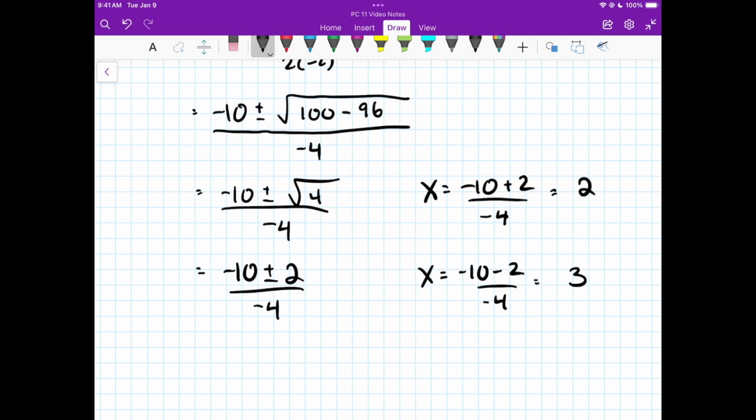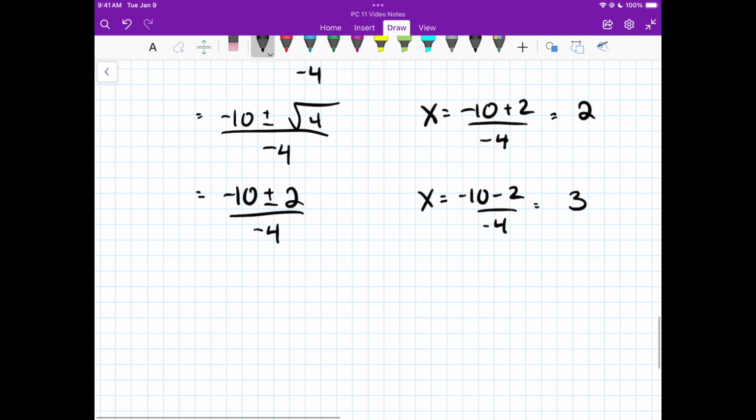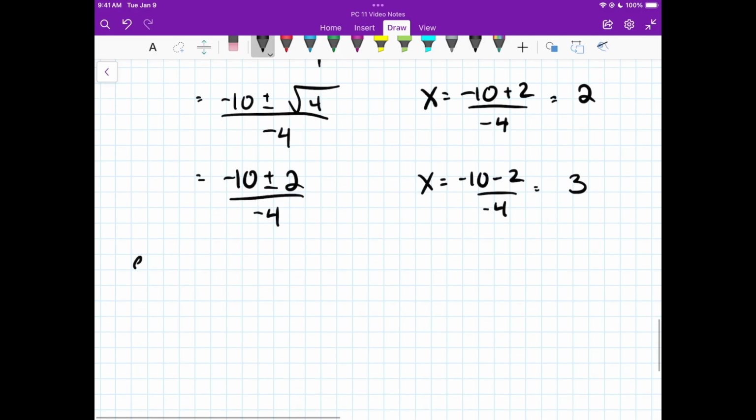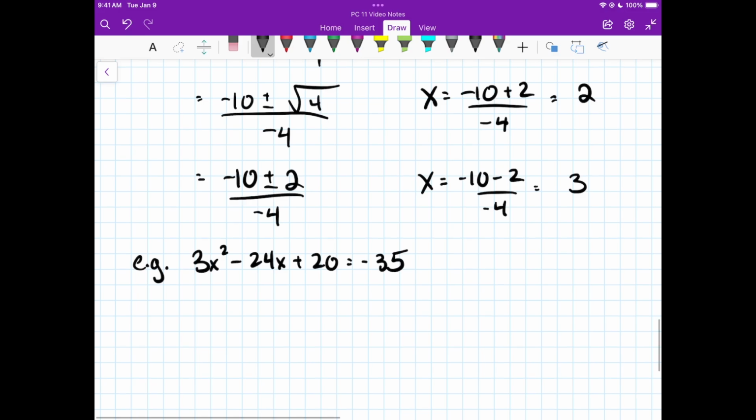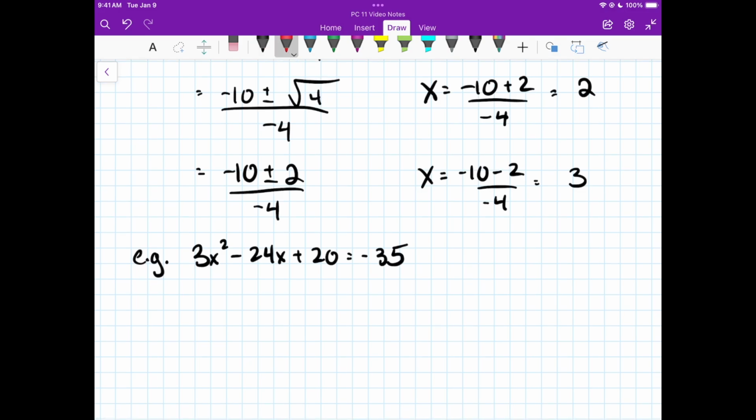All right, we're going to do just a few more, just to talk about a few specific edge cases that you might run into. So if we had, for example, 3x squared minus 24x plus 20 equals negative 35. If you're going to do this one, you'll hopefully notice that that 35 is in the wrong spot.